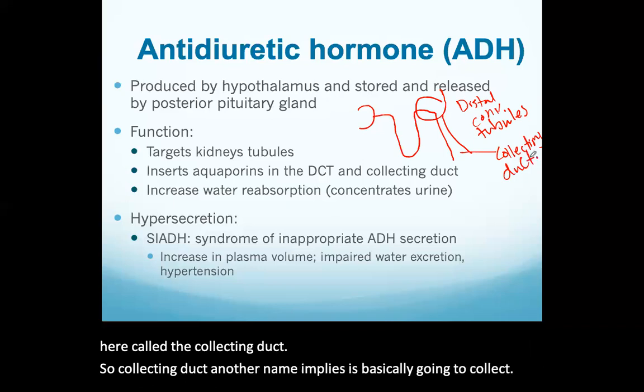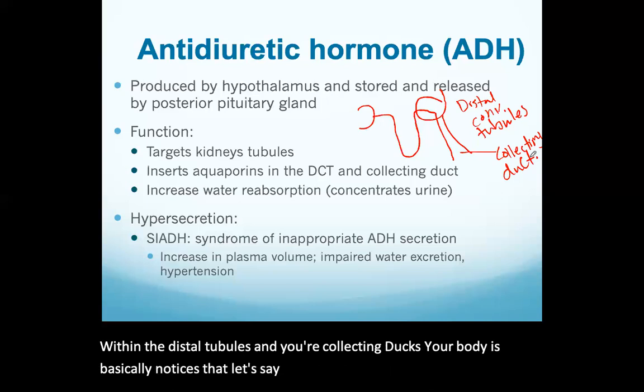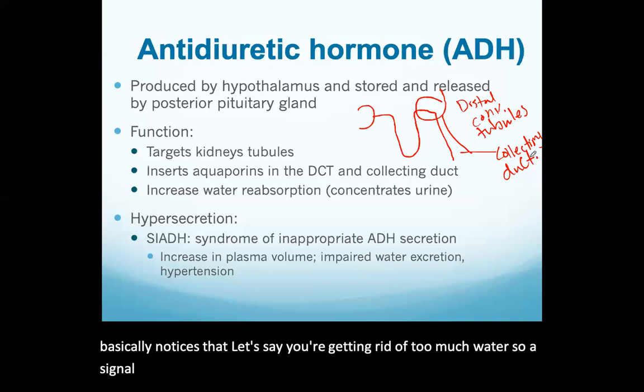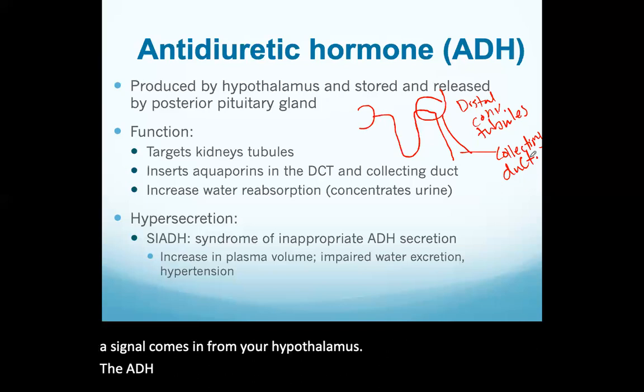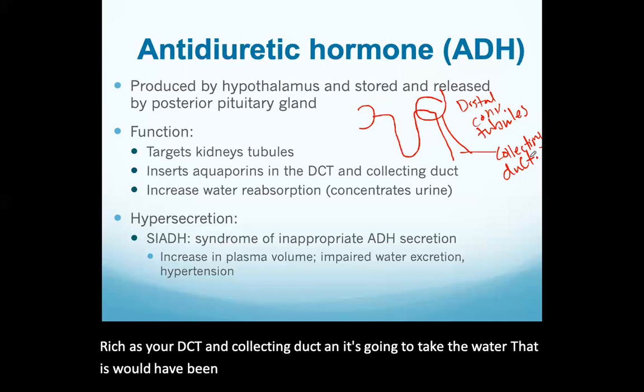Within the distal tubules and your collecting ducts, your body notices that, let's say, you're getting rid of too much water. So a signal comes in from your hypothalamus, and the ADH gets released from the posterior pituitary gland. That ADH reaches your DCT and the collecting duct, and it takes the water that would have been urine and would have been excreted from the body and reabsorbs it back into the system.